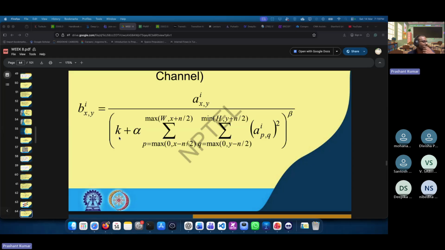K is another hyperparameter, and alpha is another hyperparameter that you have to tune when you are doing the normalization. K is another value, like let's say you did all these square additions and you got a very small value, nearly zero. You will not get exact zero because you are squaring it, but you will get nearly zero. In that case, you will have to add some value. Otherwise, it will shoot to infinity, right? I mean, 1,000, 2,000.